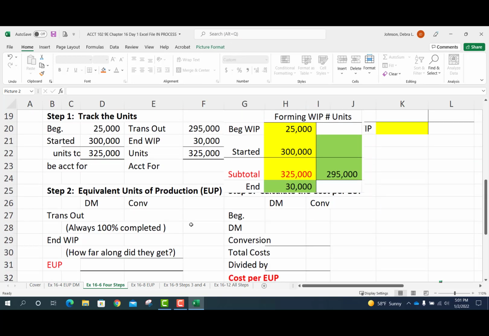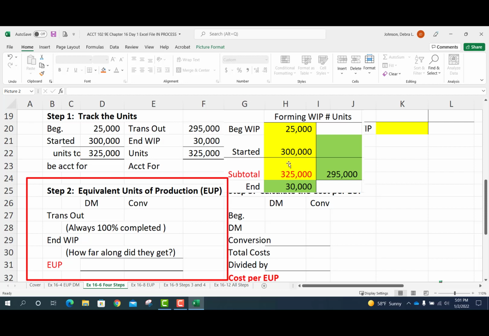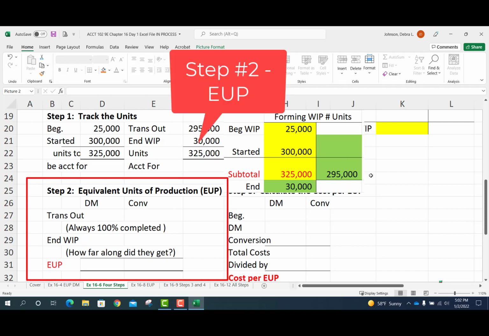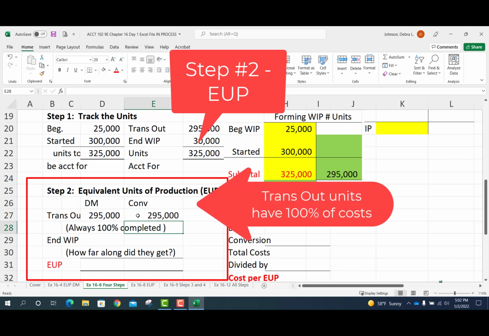Step 2, and probably the toughest step for most students to understand, is to calculate the equivalent units of production. We've already figured out that there were 295,000 units transferred out, and as you may remember, weighted average always assumes that those transferred out units got 100% of the materials and conversion.